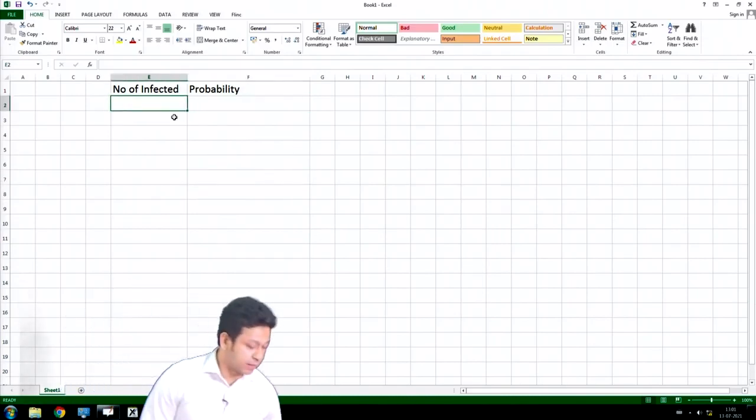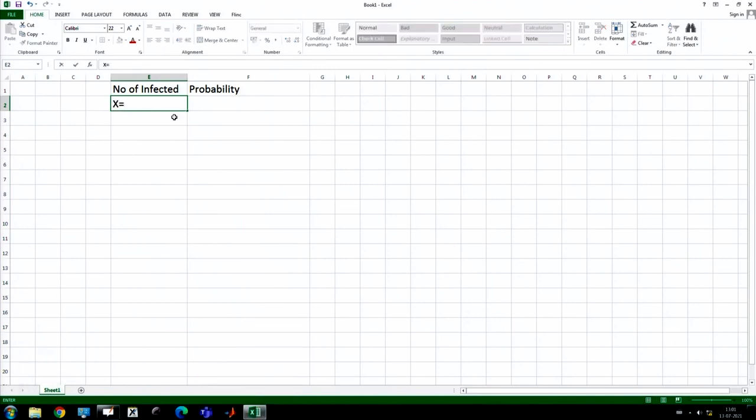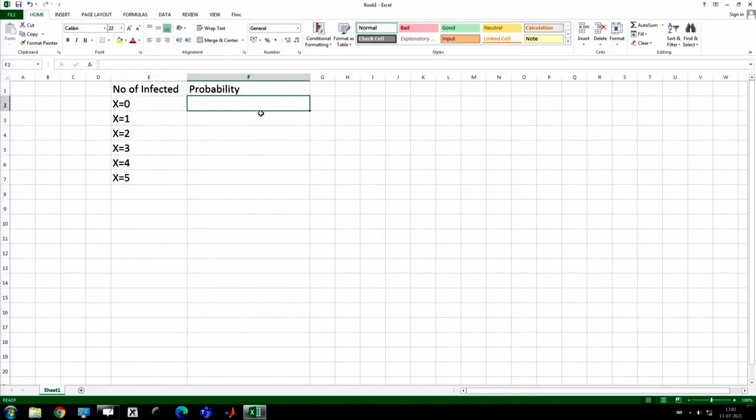So my random variable x can be 0, no doctor infected, x could be 1, 2, 3, 4, or x could be equal to 5. All 5 doctors could be infected. These are your x's, and you need to get your probabilities.